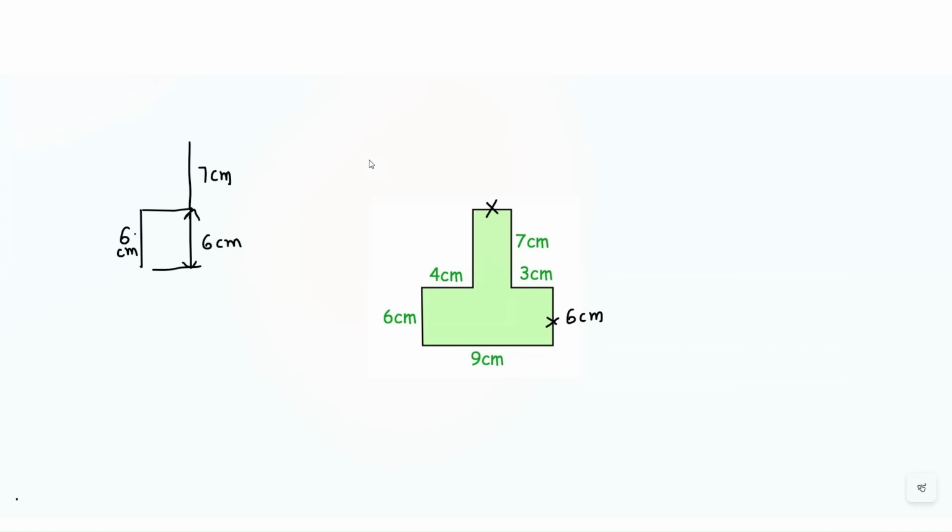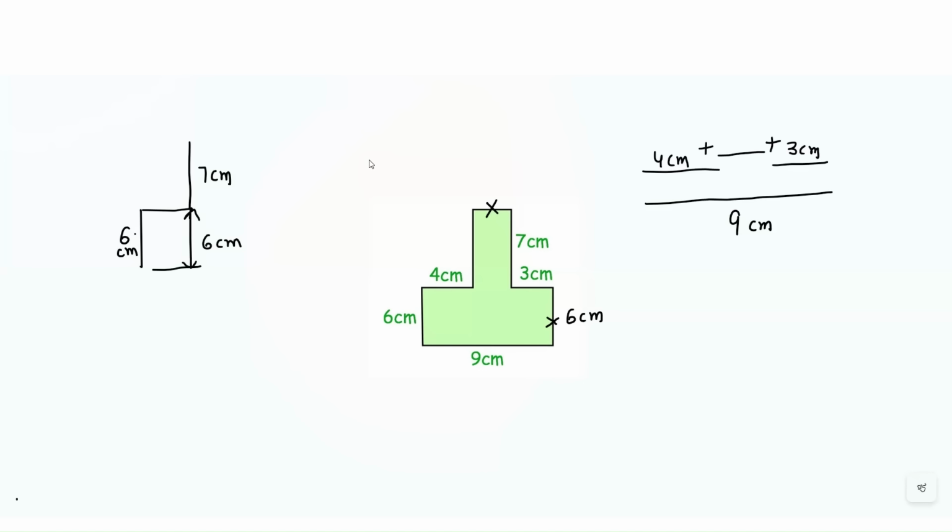Now we need to find the horizontal lines. A horizontal line is given to us, which is equal to 9 centimeter. Then another horizontal line is given, which is 4 centimeter. This one we don't know, but this one we know, 3 centimeter. That means the total of this one plus this one should be equal to 9 centimeter.